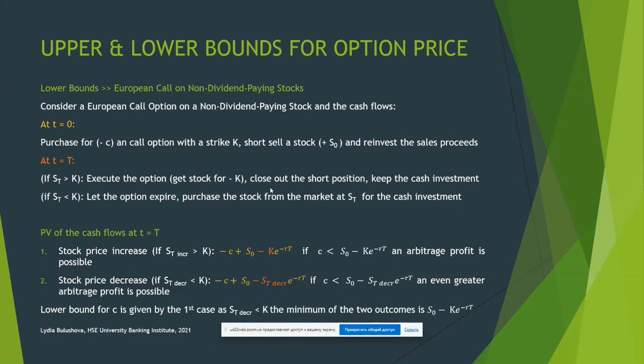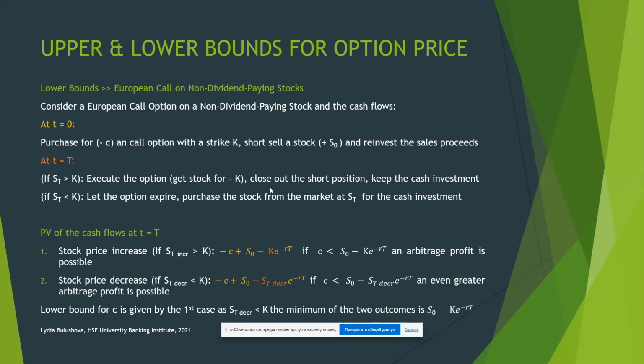So at time t equals maturity equals capital T, if an asset price is greater than strike, I can execute the option because at time t equals 0, I purchased the call option. So I'm the buyer, I long the call, I paid premium for a future obligation from my counterparty.